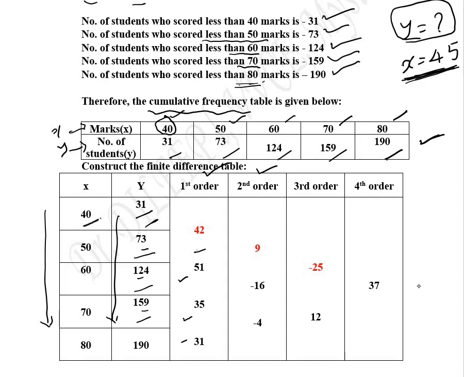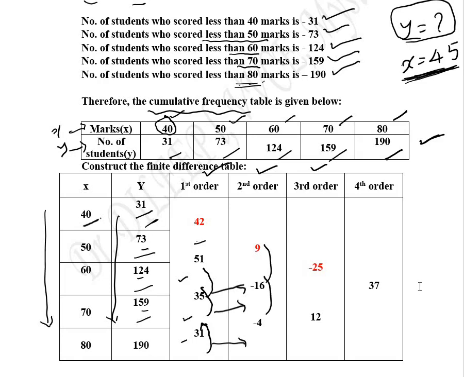Now find the second order. The difference of these: 51 minus 42 gives 9, then 35 minus 51 gives minus 16, and then 31 minus 35 gives minus 4. This completes the second order. Now find the third order.